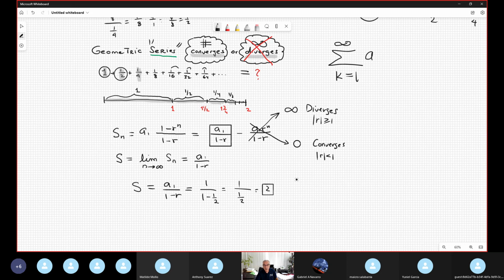And the a sub k of this series is super easy to find. Well, by the way, a sub k is 1 over 2 to the k power. Okay, I discovered that the summation of infinite elements 1 over 2 to the k is equal to 2.